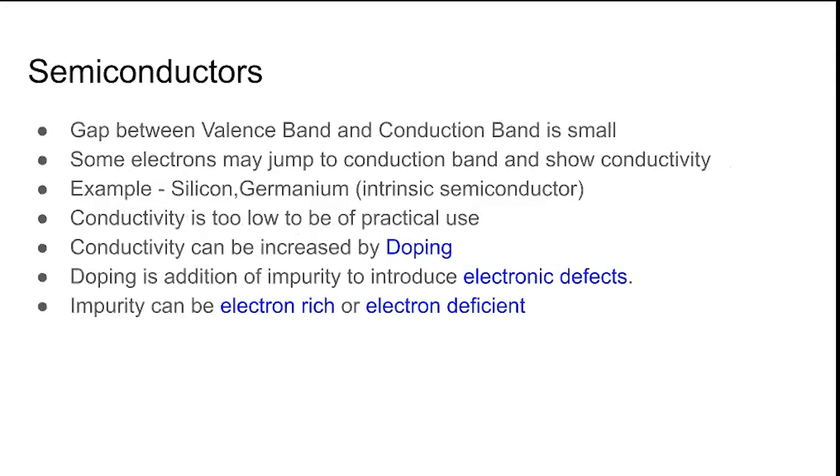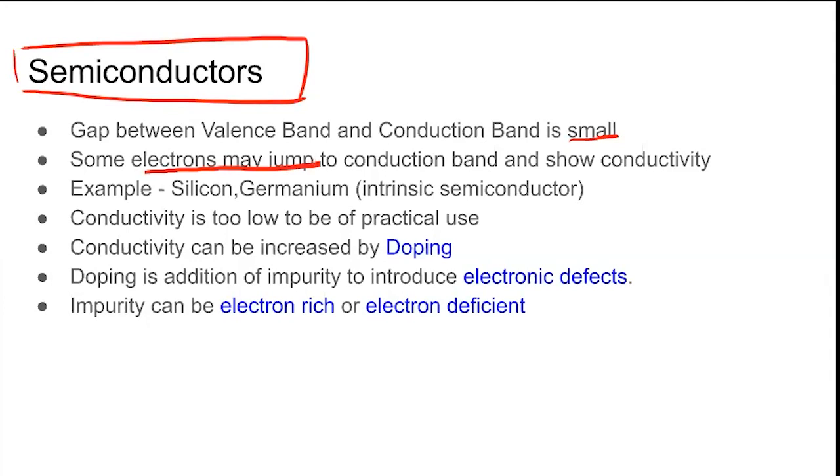Now our main topic, semiconductors. This gap is small. Some electrons may jump. This is important. Silicon and germanium, this group 14, are intrinsic semiconductors by their very basic property, but conductivity is too low. So how do we increase conductivity?